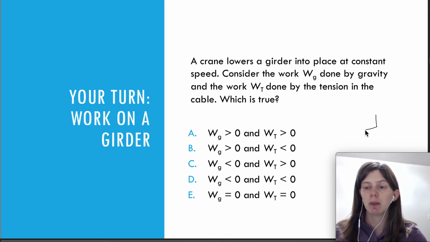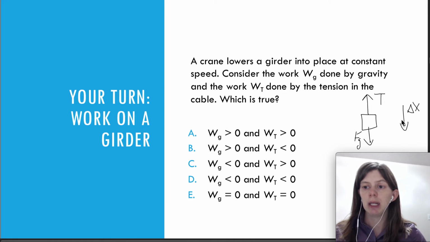You have this girder here, and the gravity is going to pull it down, and the crane is lowering it, so the displacement is down. That force of gravity is down, but the tension is going to be holding up the object as it's being lowered. So which is true about the sign of the work? Which work is positive, which work is negative?